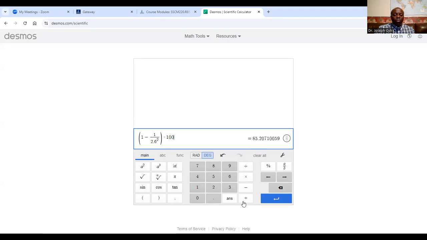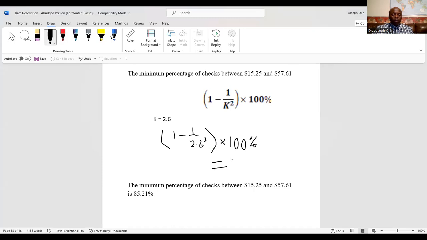So our answer is 85.2%. That's the answer right there. The minimum percentage of checks between $15.25 and $57.61 is 85.2%. Any question on this one?